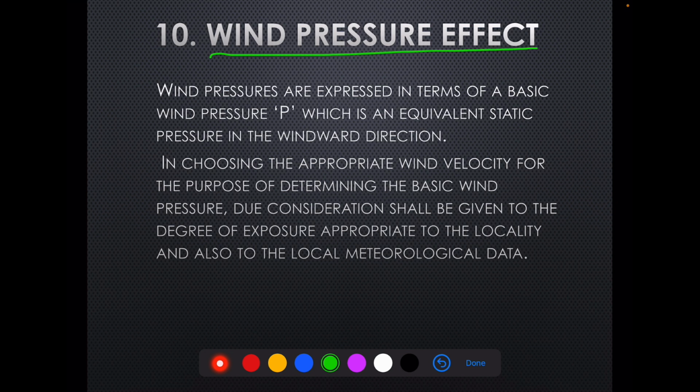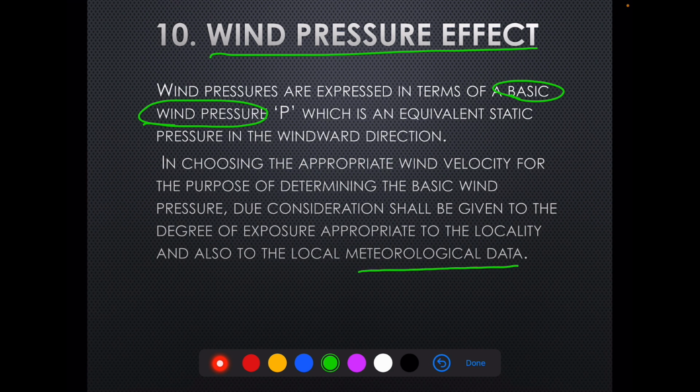Now, wind pressure effect. Wind pressures are expressed in terms of basic wind pressure, which is an equivalent static pressure in the windward direction. In choosing the appropriate wind velocity for the purpose of determining the basic wind pressure, due consideration shall be given to the degree of exposure appropriate to the locality and also to the local meteorological data.